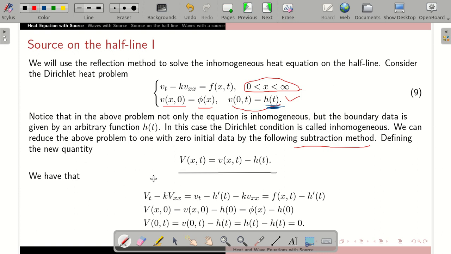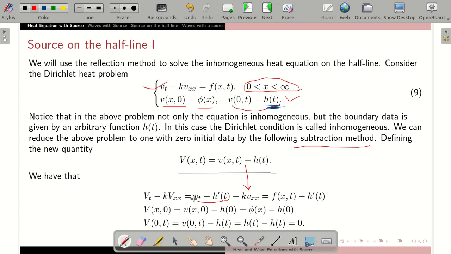So you write the PDE in capital V, so Vt minus kVxx, so just got Vt will be v derivative of small v minus h dash t, and Vxx if you differentiate 2 times, so you just got kVxx, which is equal to fxt. Since vt minus kvxx is fxt, use 9 first and h dash t as it is.